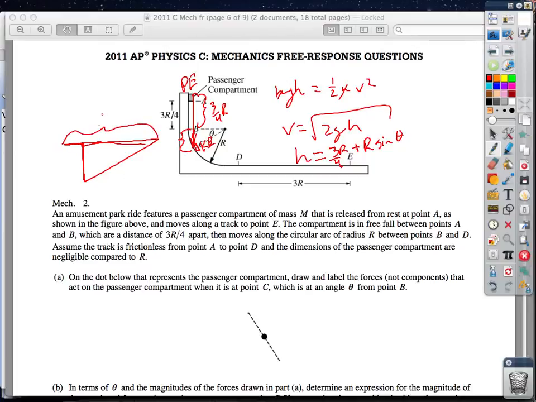This is r, and that's theta. So how do I find this? Wow, that's annoying. Because this is r cos theta, and this is r. Oh no, yeah, that is r sine theta. Okay. Sorry. Yeah.